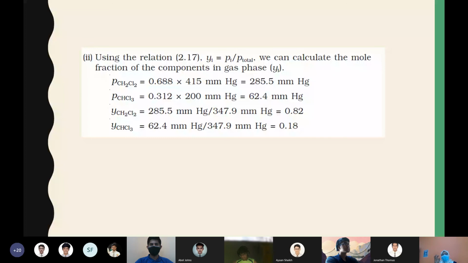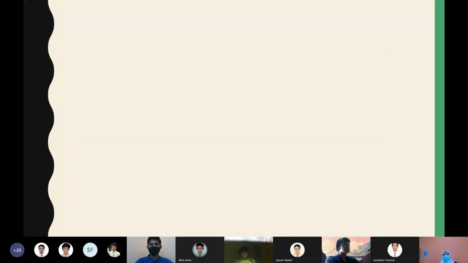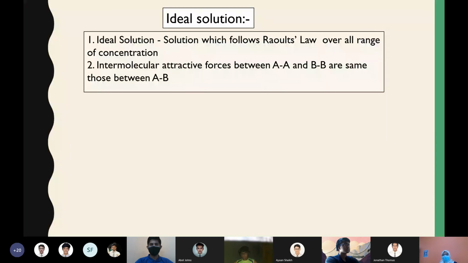Similarly, for a solution, if you want to define an ideal solution, we use Raoult's law as the basis. Any solution which follows Raoult's law over the entire range of concentration can be called an ideal solution.